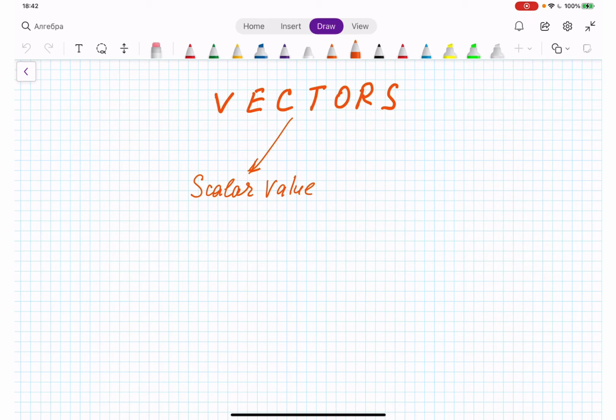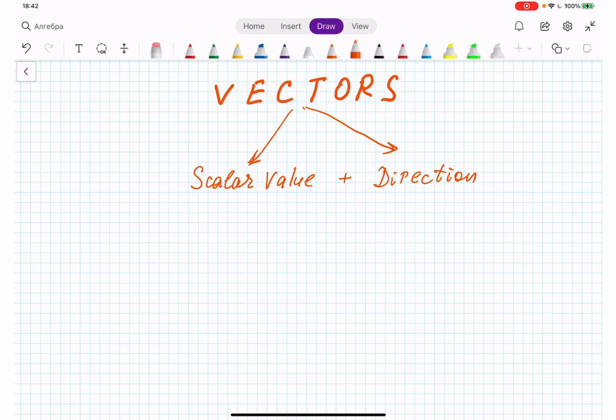So physical quantities that have not only an absolute value, but also a direction are called vectors. So scalar value, absolute value, plus direction, that is what makes a vector.